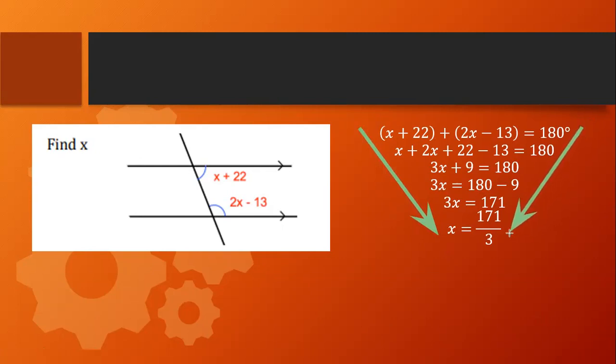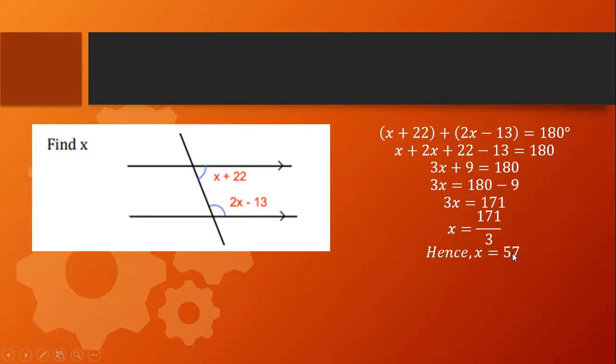So as you solve an equation and you come down with the equation, it should become shorter and shorter as things begin to dissolve, and you're solving what x or y, whatever the variable is, is. When that is happening, the statements become shorter and shorter. And that's a very good indication that you're going in the right direction. So x is equal to 171 divided by 3, and then x is equal to 57.